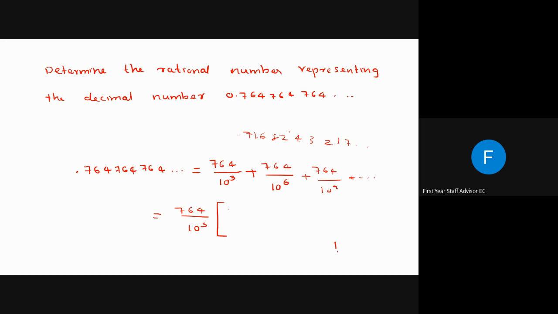Outside we take 764 divided by 10 raised to 3, and what remains is 1 plus 1 by 10 raised to 3 plus 1 by 10 raised to 6 plus, etc.